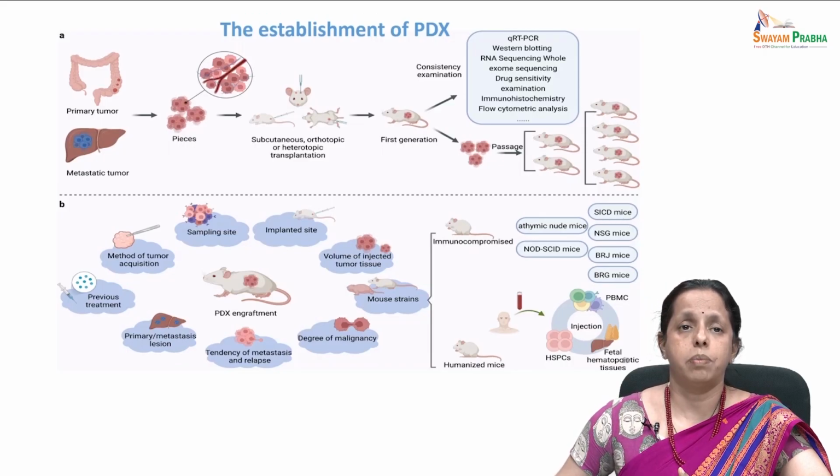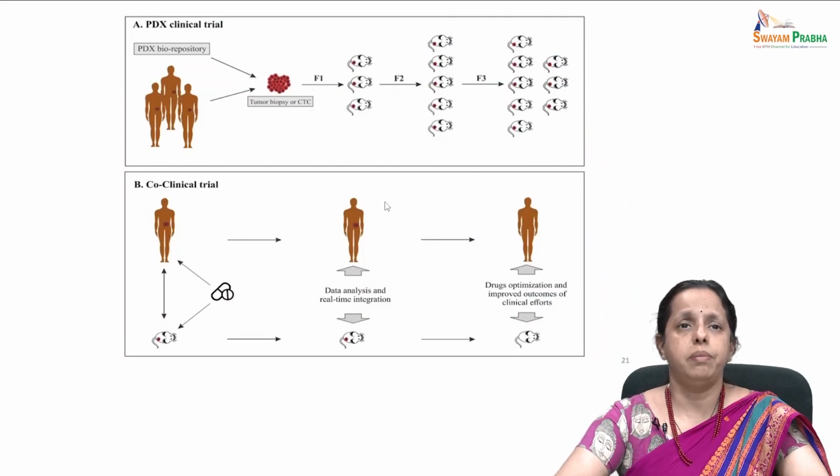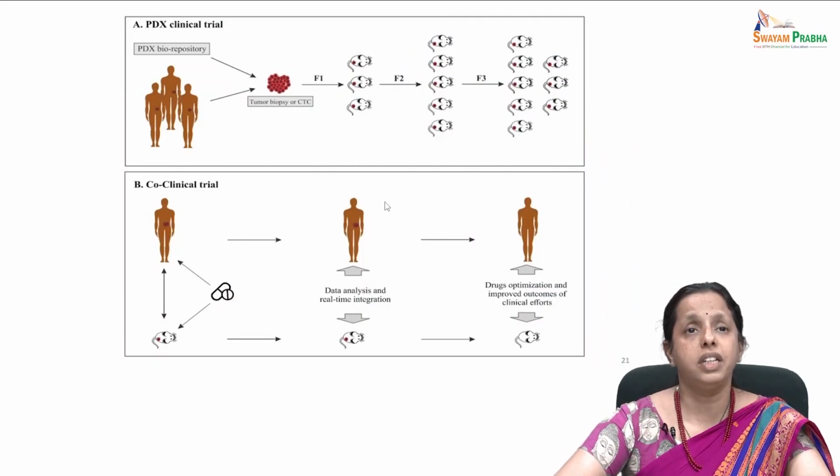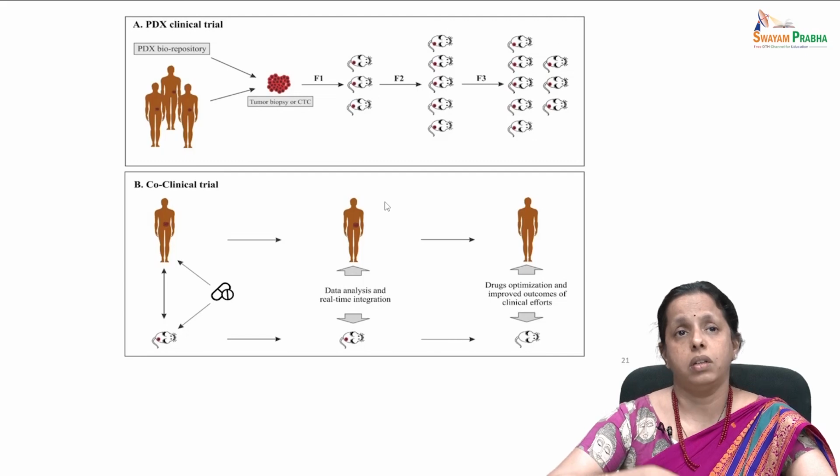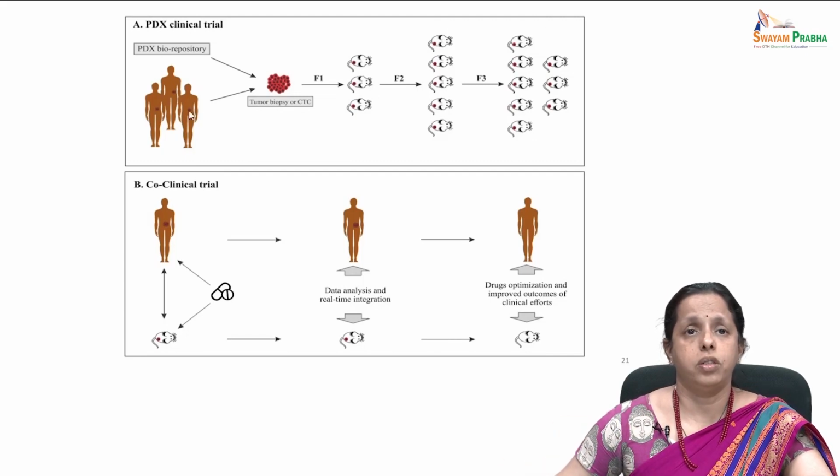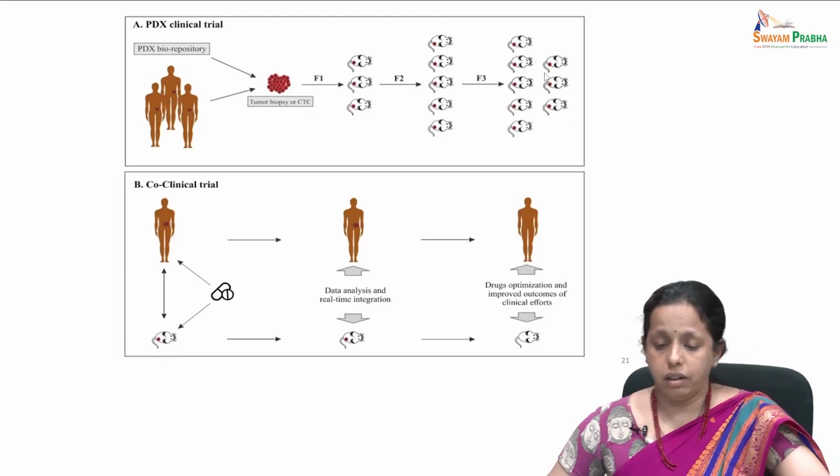To establish the PDX models, primary and metastatic tumors are cut into pieces as mentioned. We have two types of PDX clinical trial. One is for de novo compounds, or a PDX biorepository, where the tumor biopsy is established in different mice models and after passages the drug sensitivity is assessed.